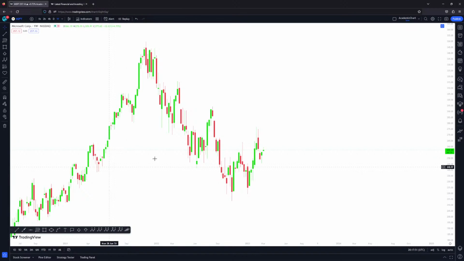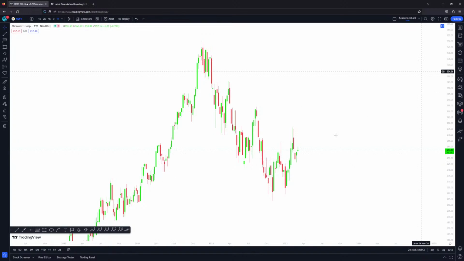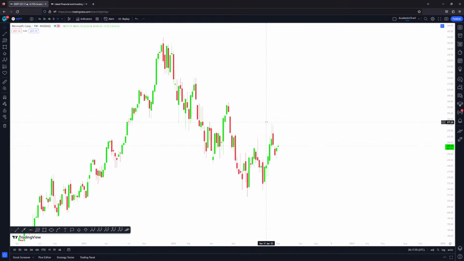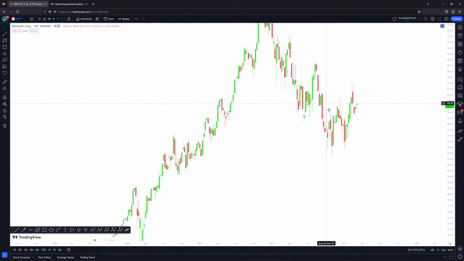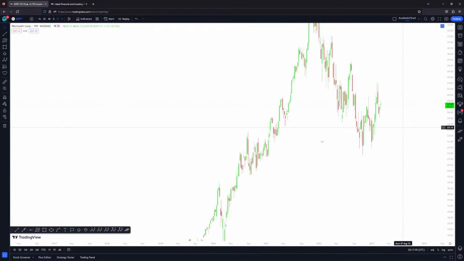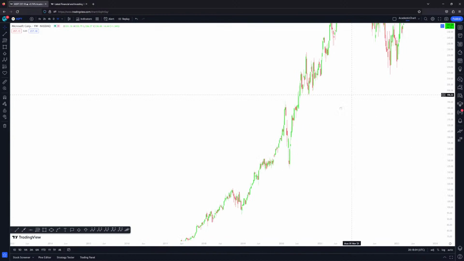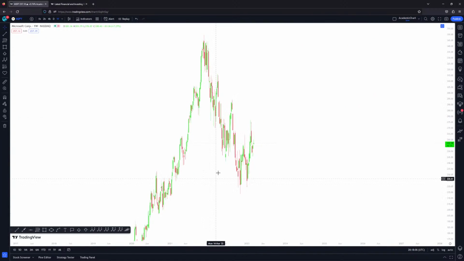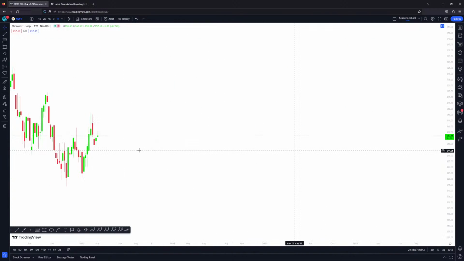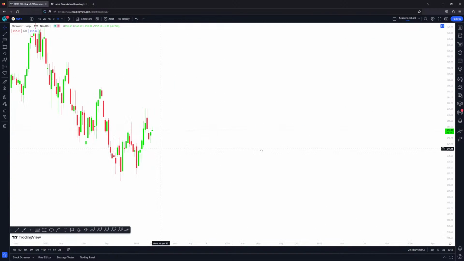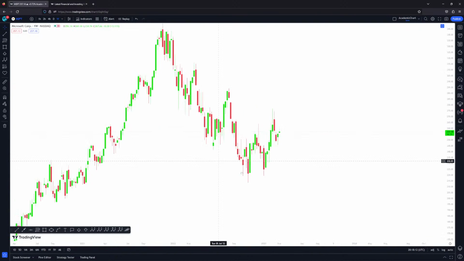Coming back to Microsoft as our last chart today. Again, what I'm seeing is a very, very long impulsive wave. I'm not interested in looking at the retracement because it is going to be a very short correction in that case.